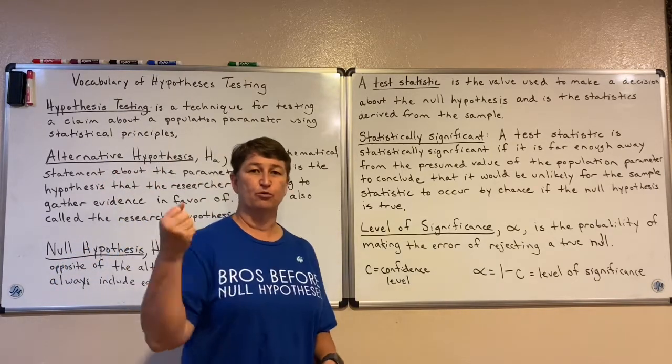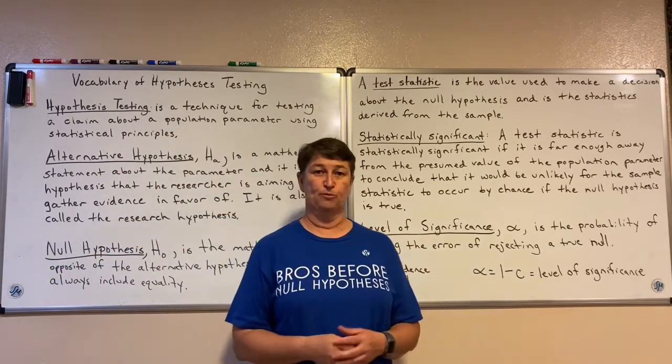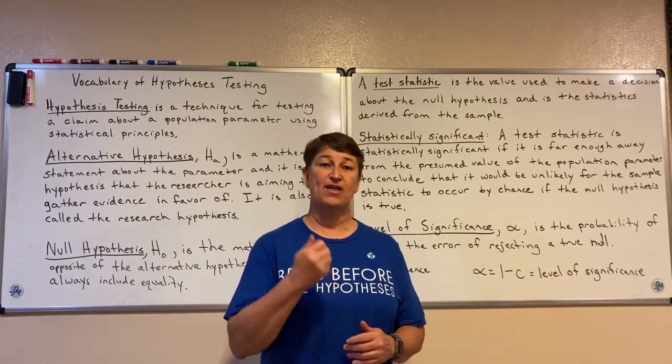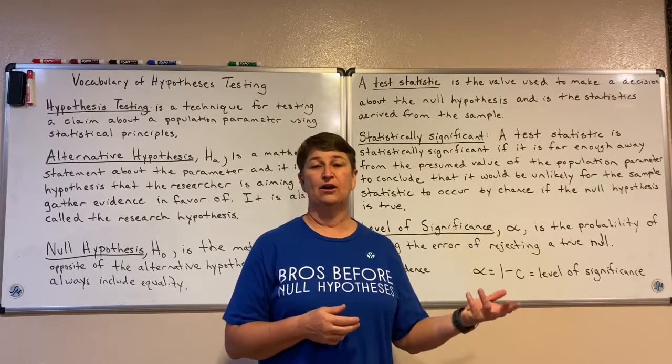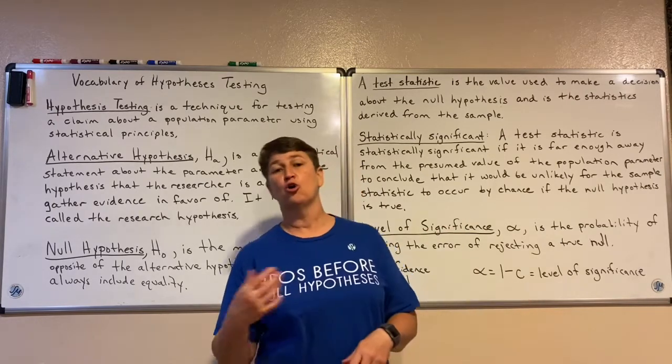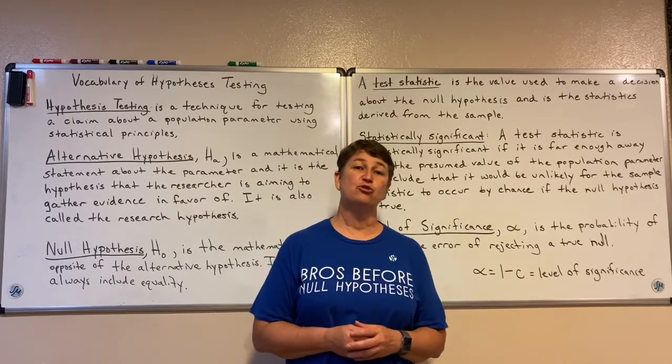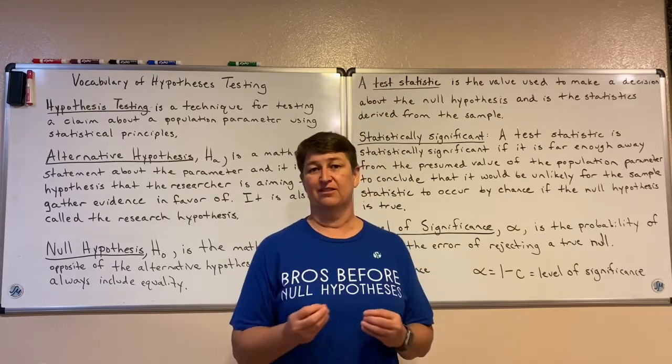So we have some parameter out there that we think is true, but the researcher decides, hey, I have some hypothesis that maybe that parameter is too high or too low, or it's just not equal to that. Then what we're going to do is test that parameter.